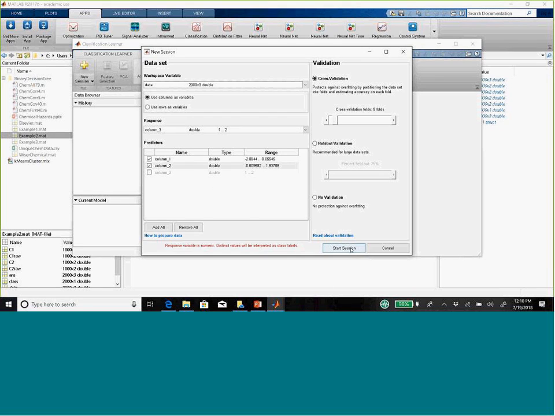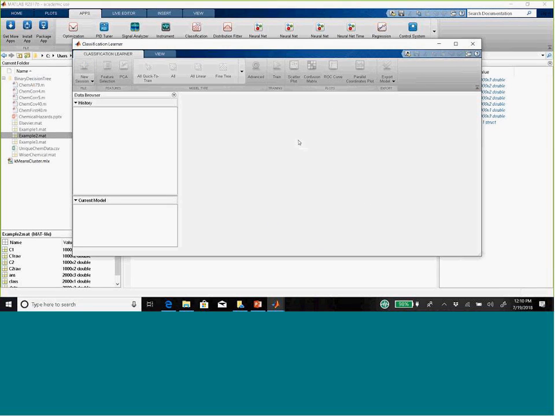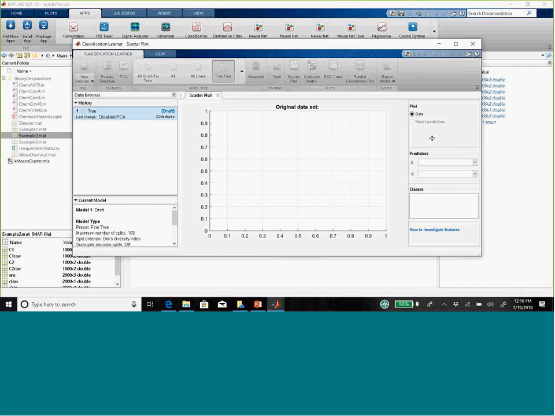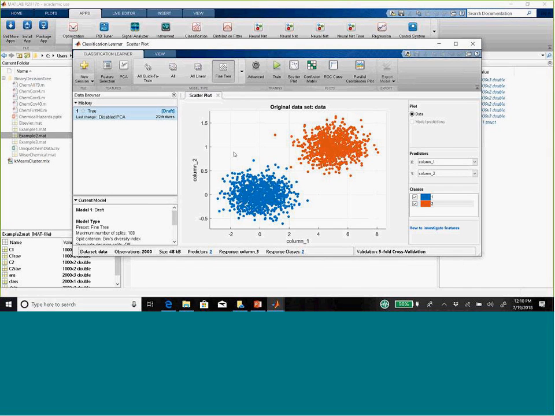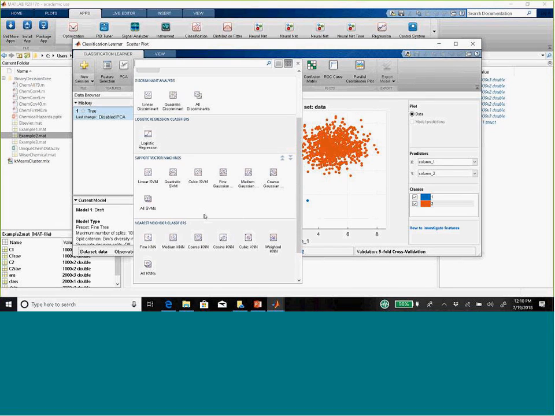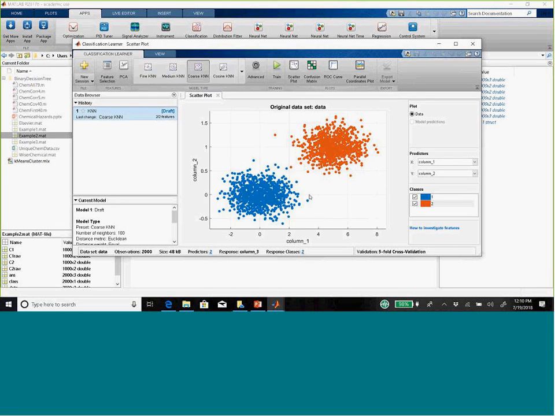So my column 1 and column 2 are my feature space, column 3 is my response, my classification, and it looks like this. Last time we did k nearest neighbor, one of the points would not get trained.